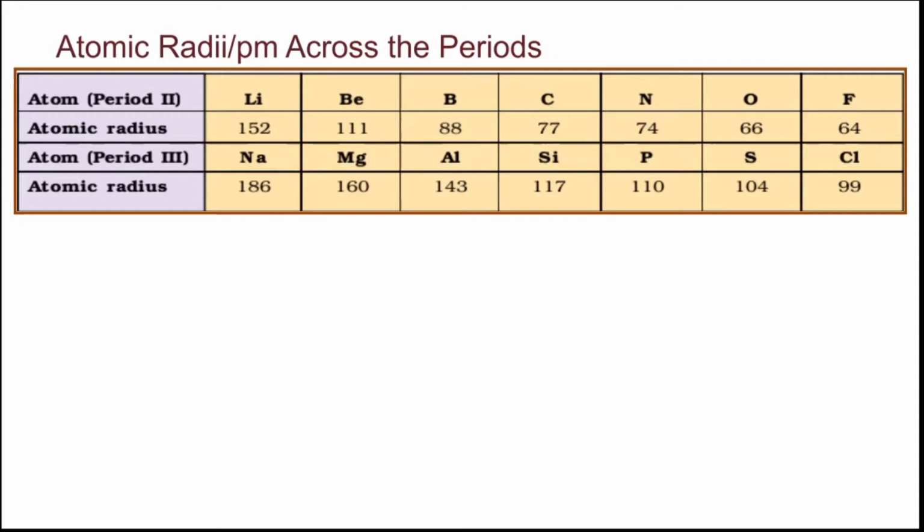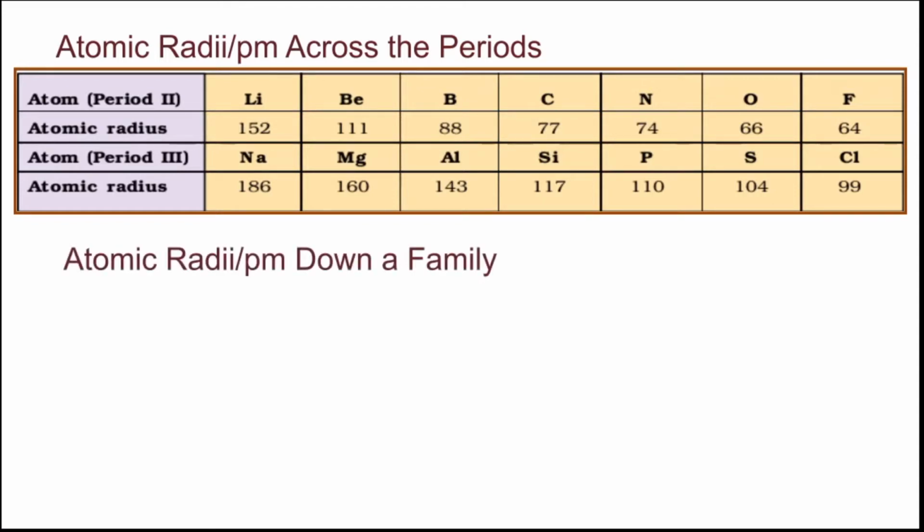And then sodium, magnesium, aluminium, silicon, phosphorus, sulfur, chlorine. Here if you look at 186 to 160, then to 143, across the periods the atomic radii in picometers keep on decreasing.